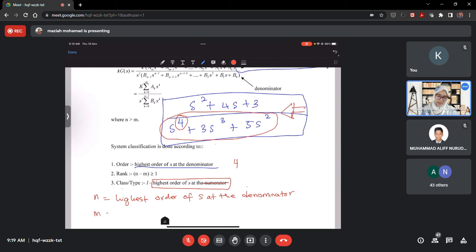M is the same, the highest order of S at the numerator, the upper part.